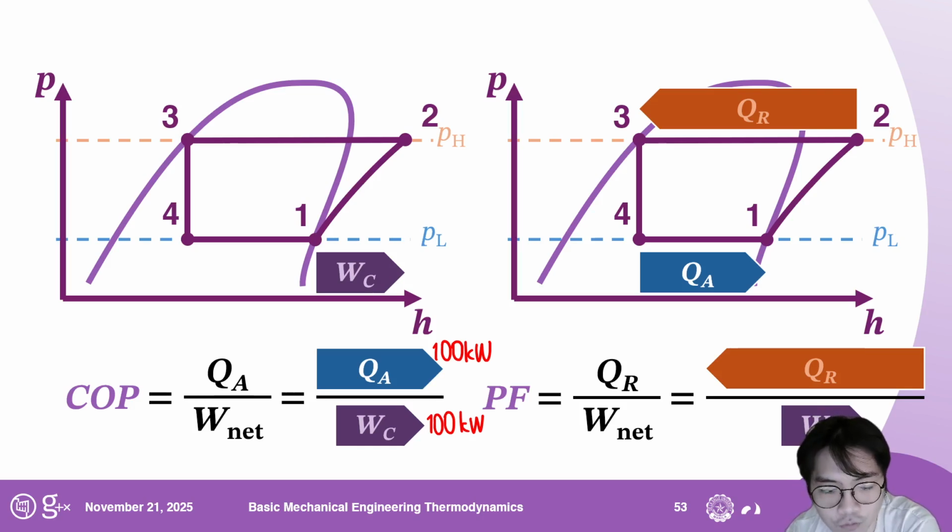But now you've been told that it can go up to 2.5, 3, 3.5. That is the main difference between thermal efficiency and COP and PF.